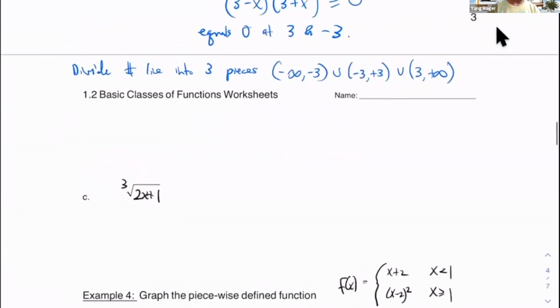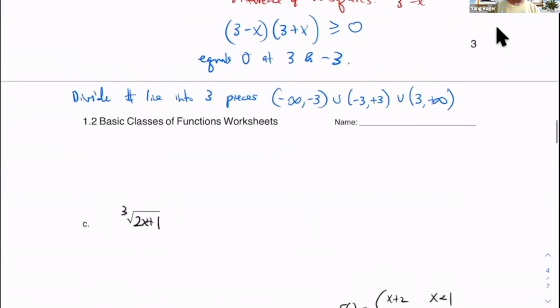And what I'm going to do is I'm going to create a little table to track what's going on here. So let me put my table right here. So these sort of represent my 3 pieces.